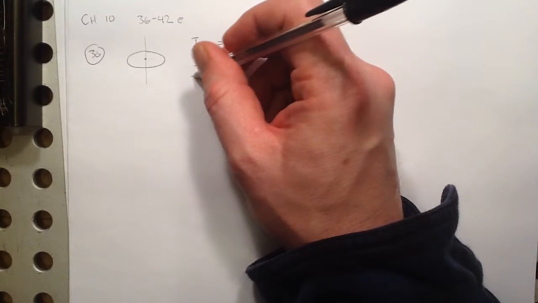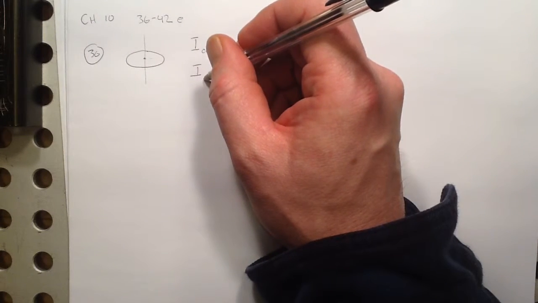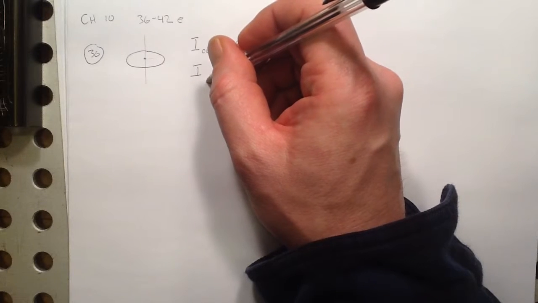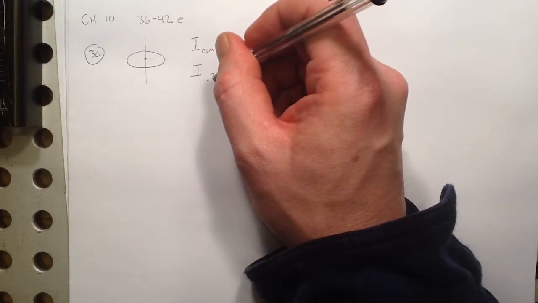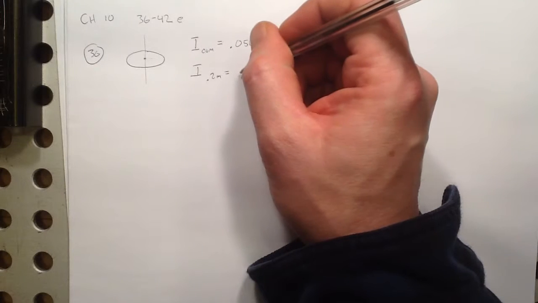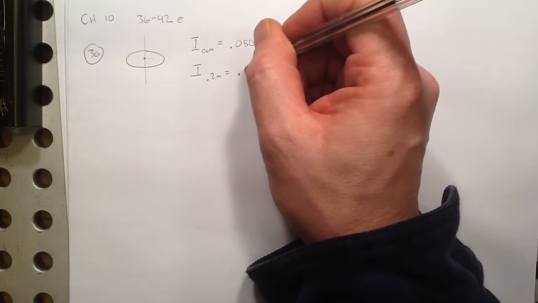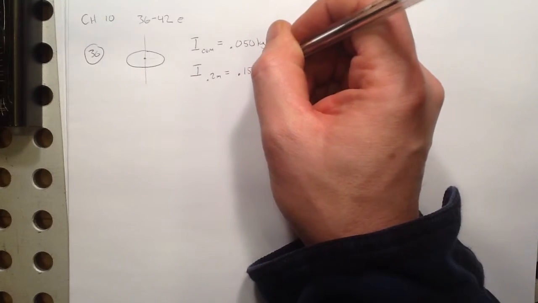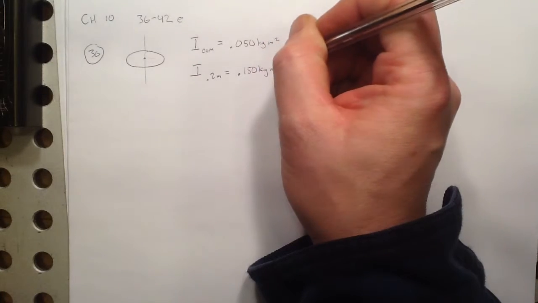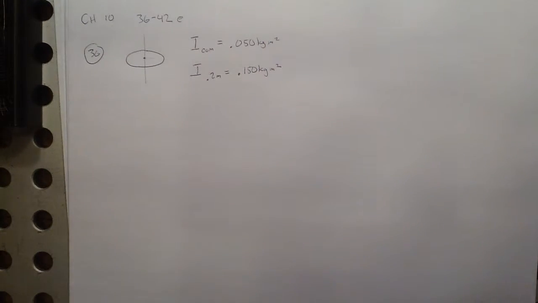And when it's shifted by 0.2 meters, then the rotational inertia we would expect to increase, and indeed it is bigger. They want to know what the mass of the disk is.